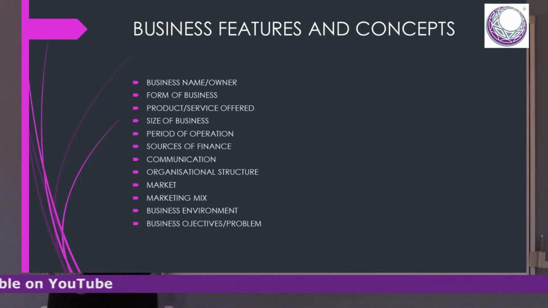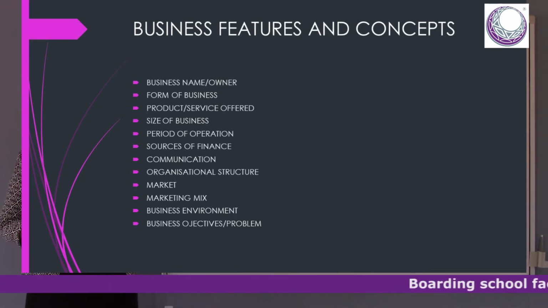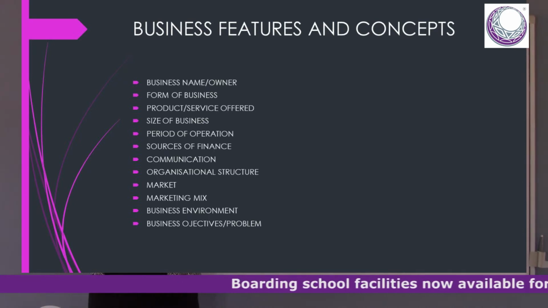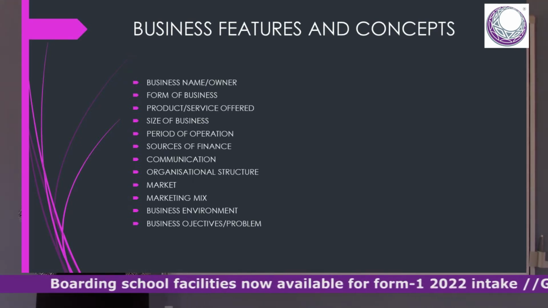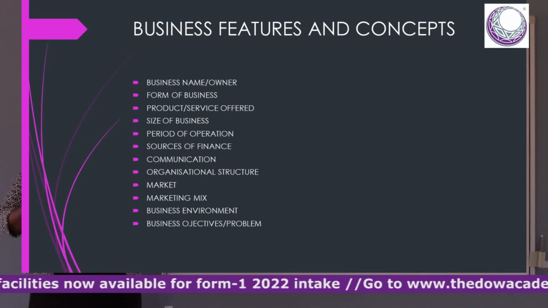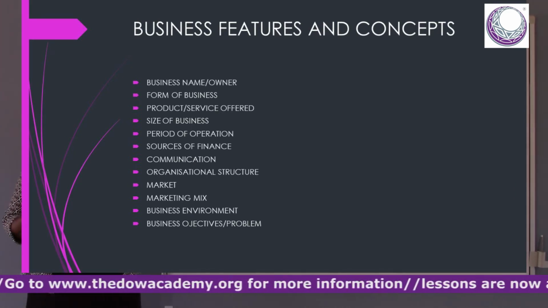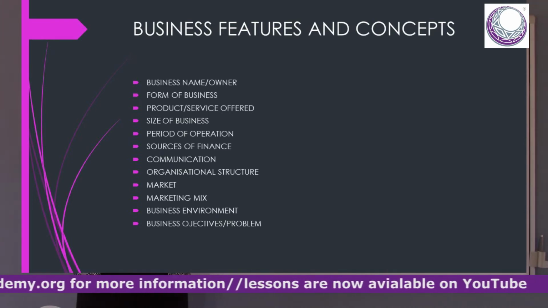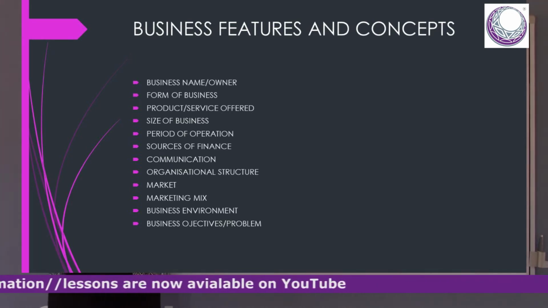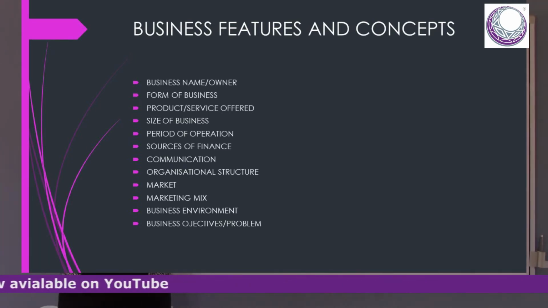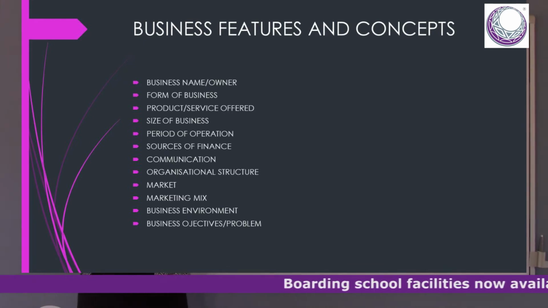Then finally, you will need to identify the objectives of the business as it progresses, right? In most cases, businesses, especially those that start small, tend to start as sole traders, and they will always set some objectives on growth together with changing business status.